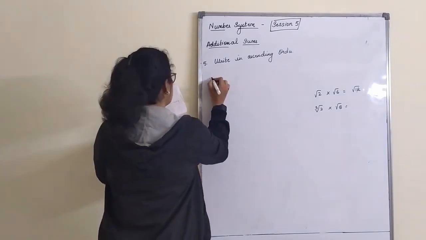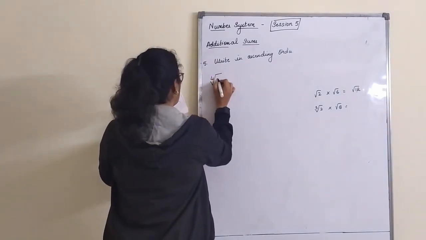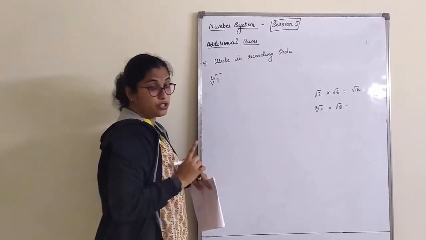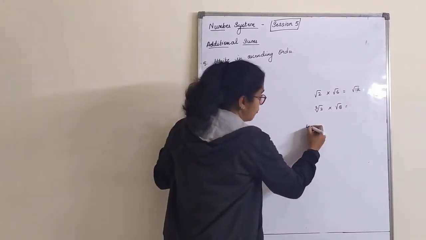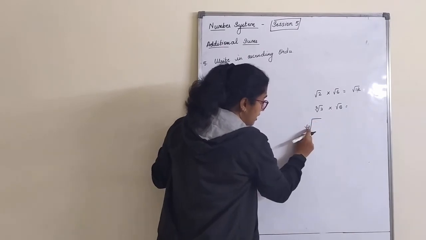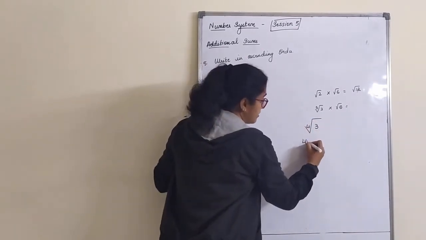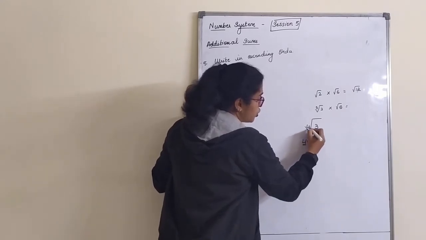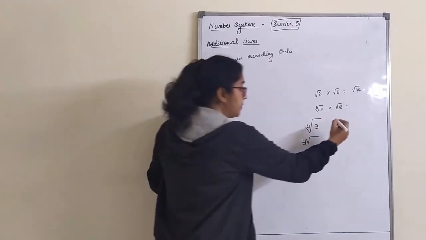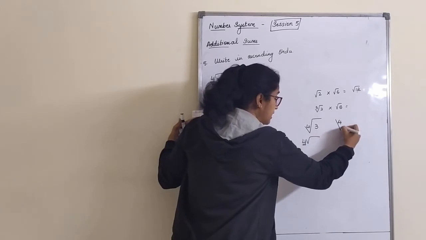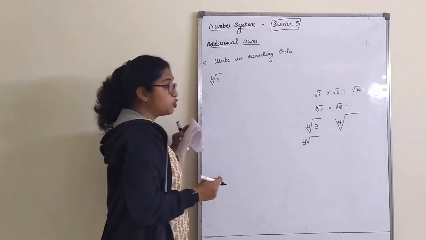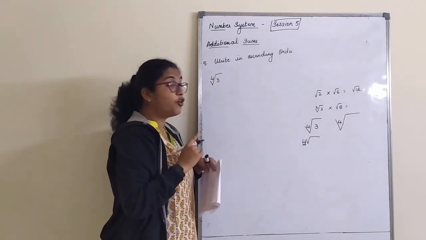The question is 4th root 3. Now children, to write this, first of all, see here, this 4 should come inside the root 3. Please don't write like this. It is wrong. This is coefficient and this is order. Completely first write 4 if you want. In that the root should come. There should be a clear way of writing 4 root 3.